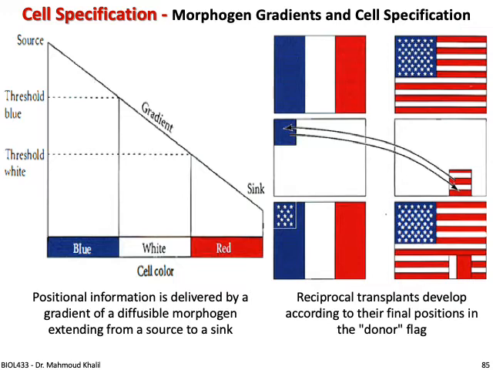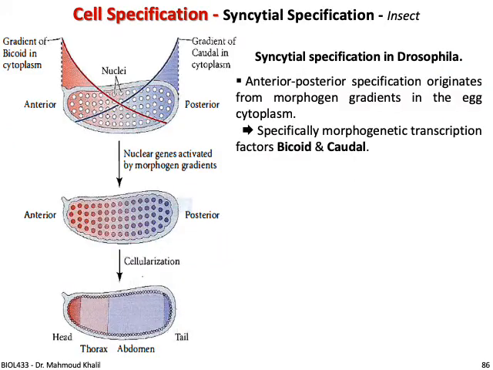That means it's as if it took the memory of the region of the same flag, while the other one, when transferred back, developed the same part of the original French flag. So these reciprocal transplants develop according to their final position in the donor flag.